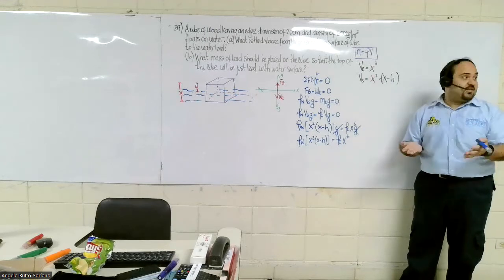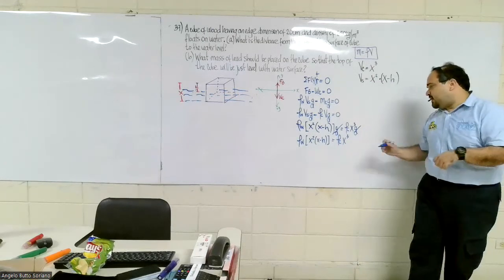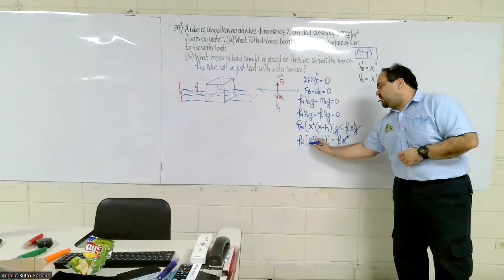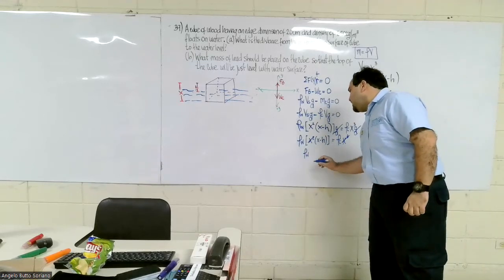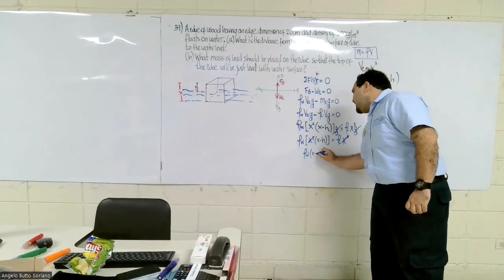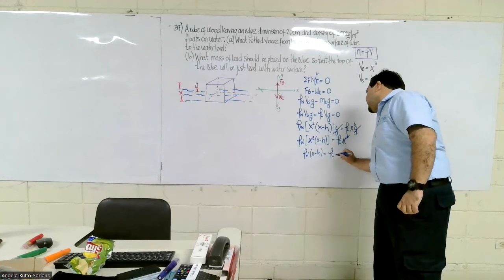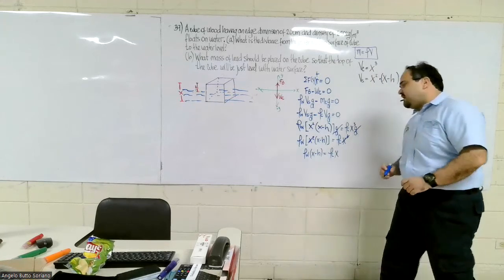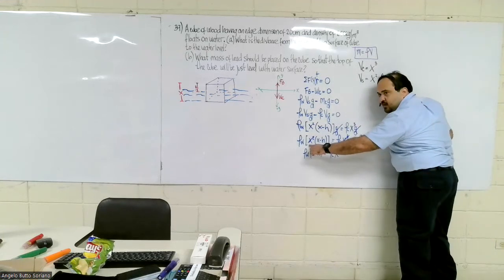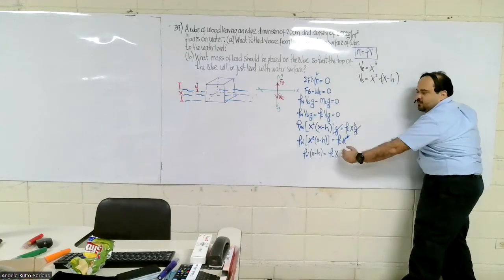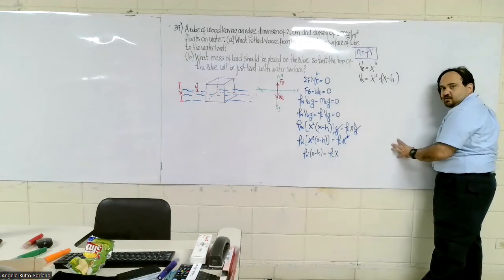We can simplify this letter x, right? So we have x cubed canceled with x squared, and we have the water density multiplying by x minus h will be equal to the cube density multiplying by x. Why? Because this x squared that was multiplying, when it passes to divide, we can reduce those terms.